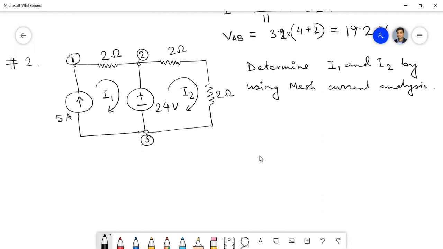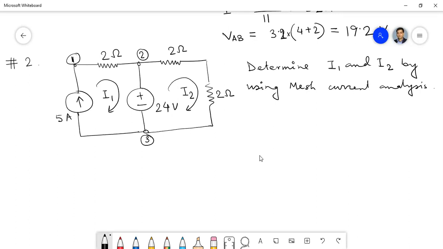Now here the problem is we have the current source, but we cannot convert the current source because we don't have any parallel resistance connected to it, just like the previous problem. So in the loop 1, the I1 should be equal to 5 ampere. But you have to first write the loop equations, isn't it?